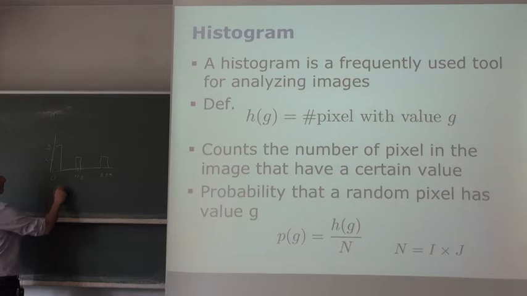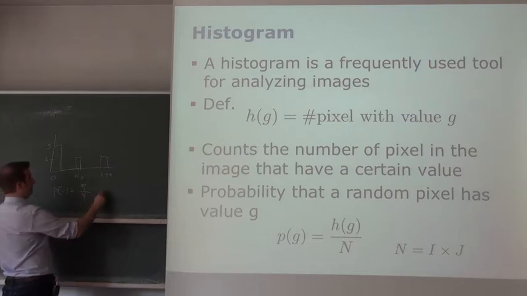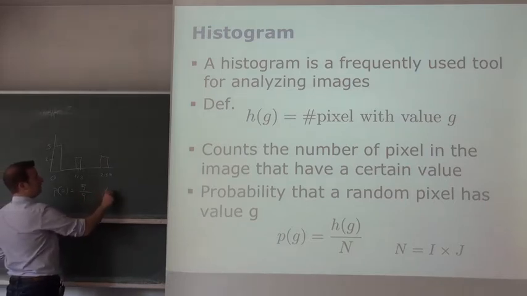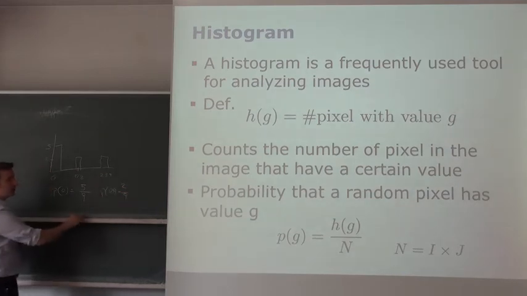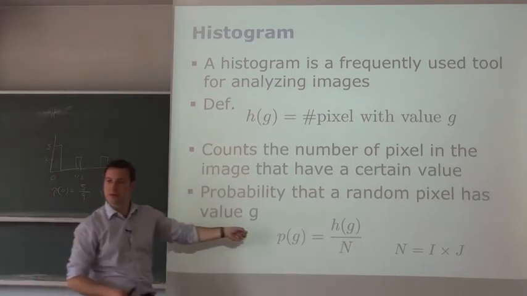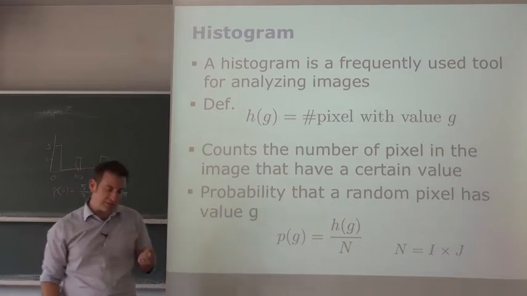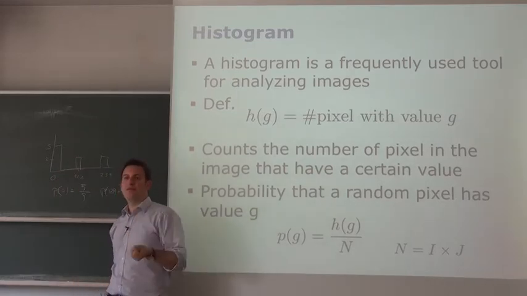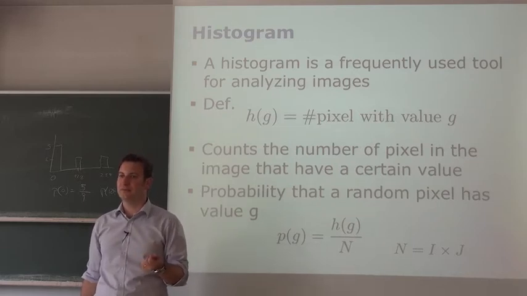So P(0) would be 5 divided by 9. P(128) would be 2 divided by 9. It's the same for 255, and the rest would have a value of 0. This is exactly this probability. So for every intensity value g, I can compute the probability that a random pixel takes this value.